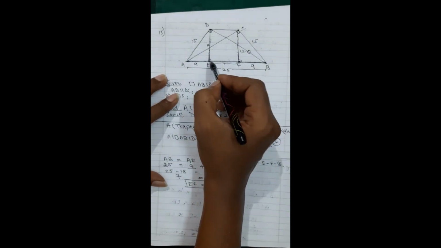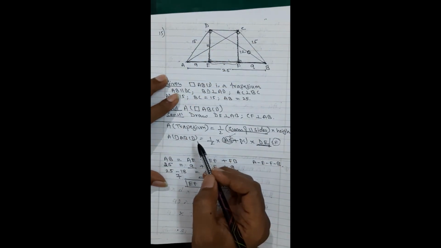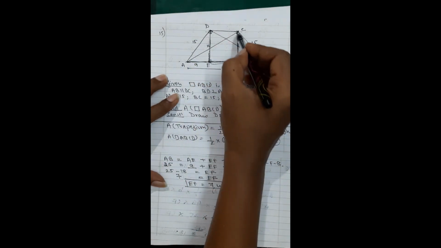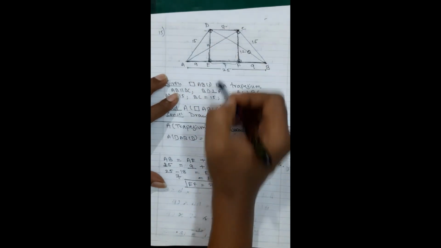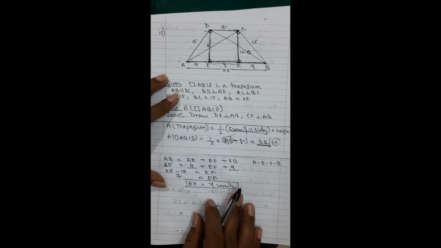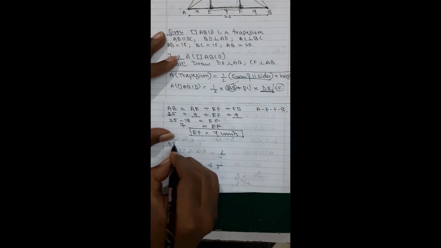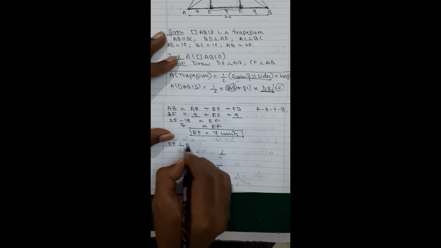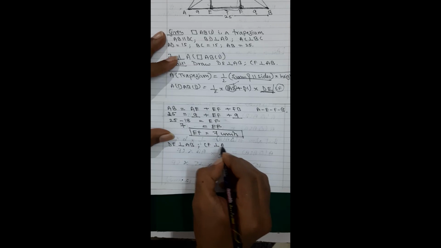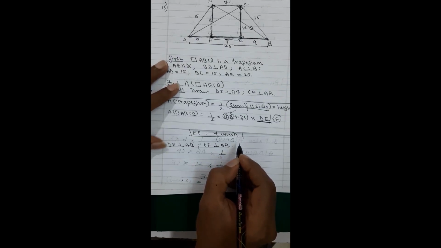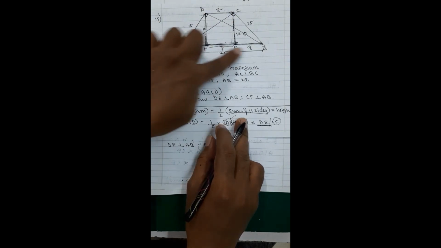Now we have to prove this is a parallelogram. Once we prove this is a parallelogram or a rectangle, anything, then DC will be also equal to 7 units because opposite sides of a parallelogram. So basically we can tell, see here, DE is perpendicular to AB, CF is perpendicular to AB. Are you able to see it? DE is perpendicular to AB, CF is also perpendicular to AB.